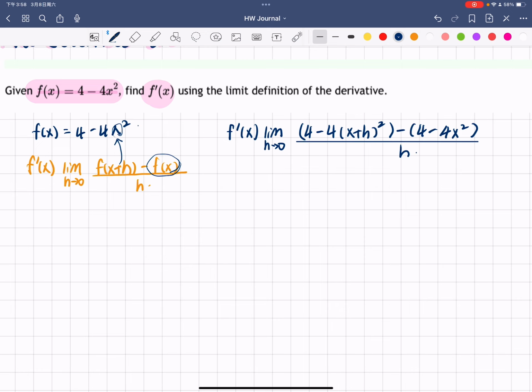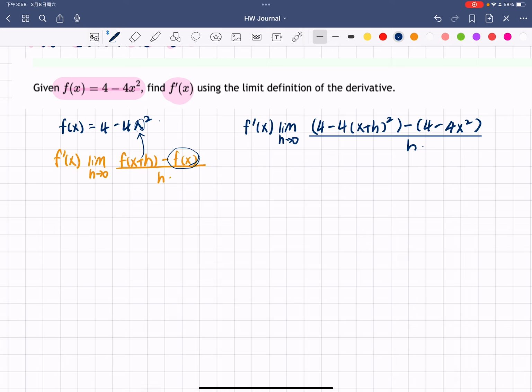As we all know from the previous section where we reviewed the factorization rules, (x plus h) squared, or any (a plus b) squared, is going to be a squared plus 2ab plus b squared, right? So in this case, the same thing. We're going to be using x for a, h for b.